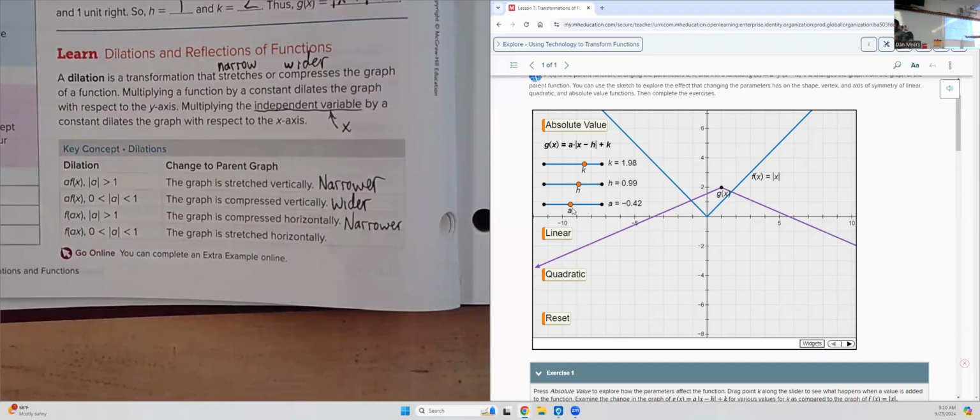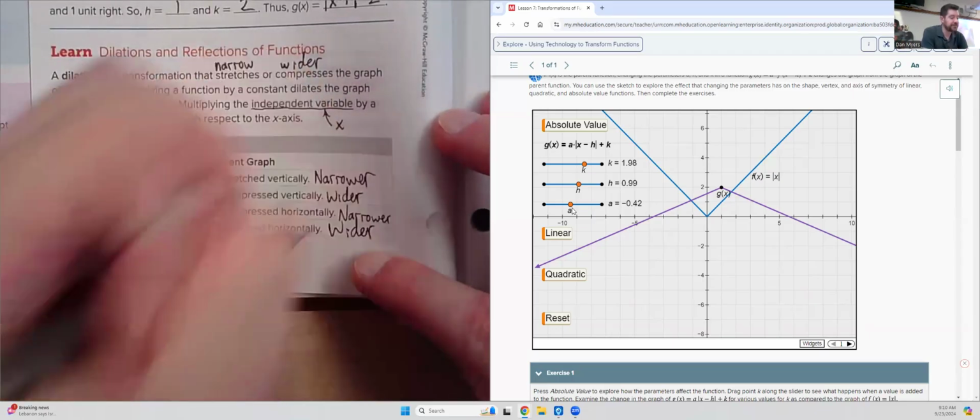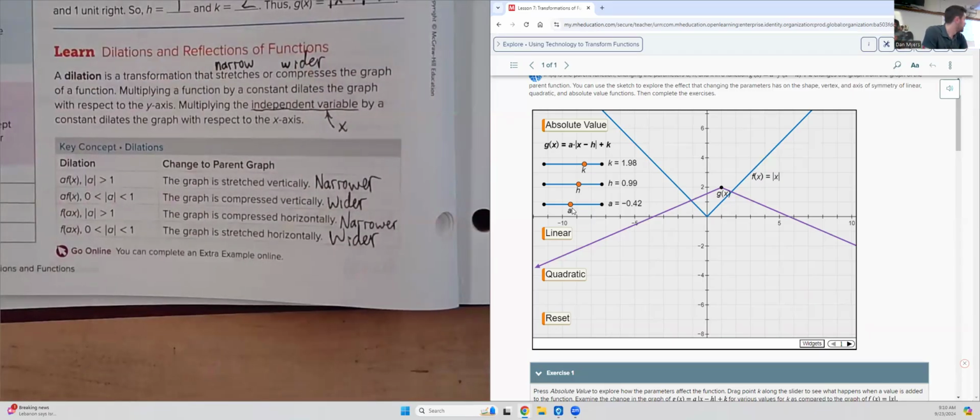If you compress a graph horizontally on the x-axis, it's doing this, which, again, makes it look narrow. A compression on one axis is the same thing as a stretch on the other. And so this last one will make a graph generally look wider.